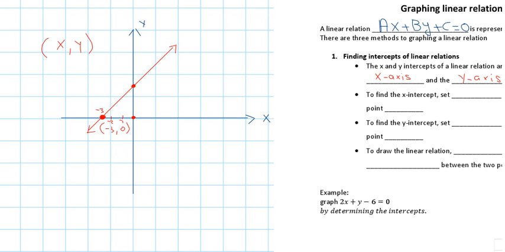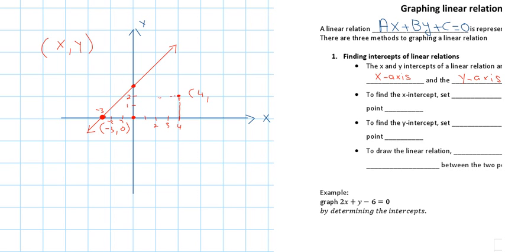So let's say I have a point right here. What's the x value of that point? X is 4, and the y value is 2. So that specific point is (4, 2).